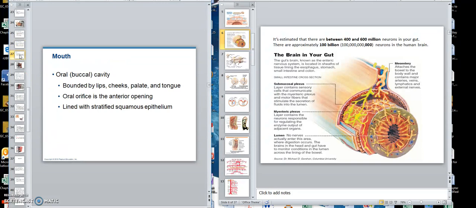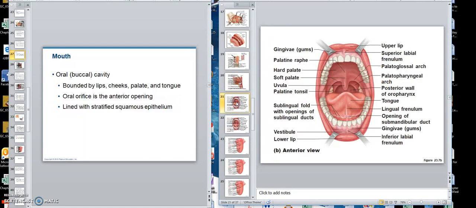Okay. So now we go to some anatomy. Let's now talk a little bit about the mouth. We did some of this when we did the respiratory. All right. The buccal cavity, oral cavity, bounded by the lips, cheeks, tongue. Oral cavity opening, lined with stratified squamous.